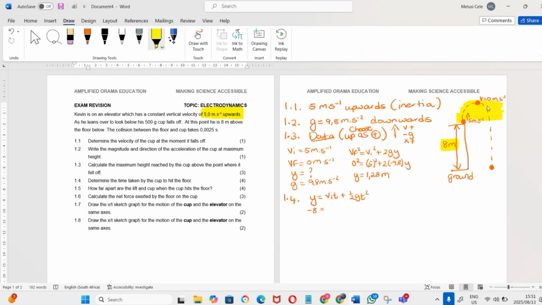That's why I'm substituting negative 8, and I'm not considering the displacement I calculated here, because it takes positive 1,28 meters to go up, and negative 1,28 meters to go down.